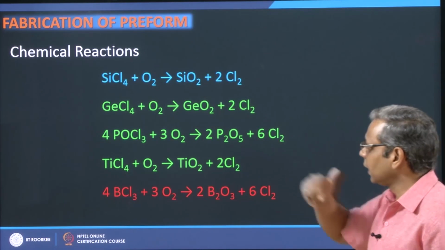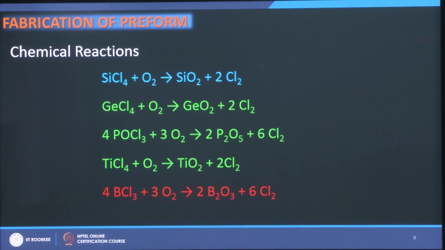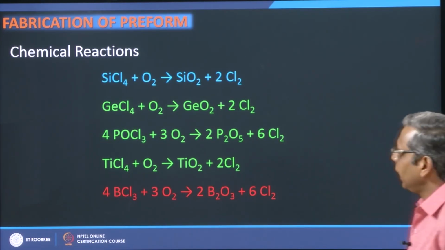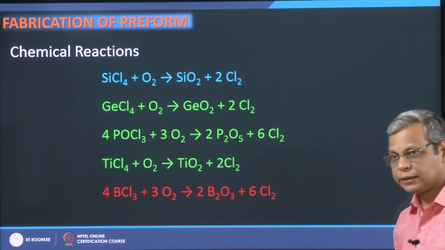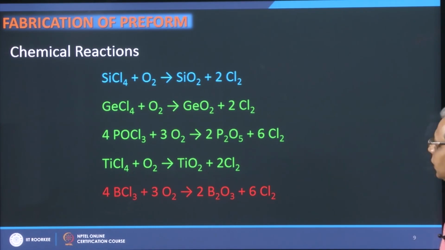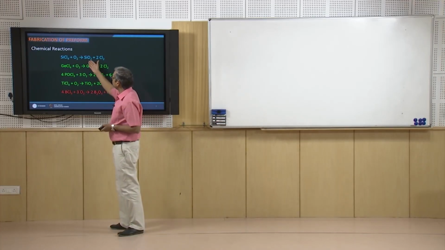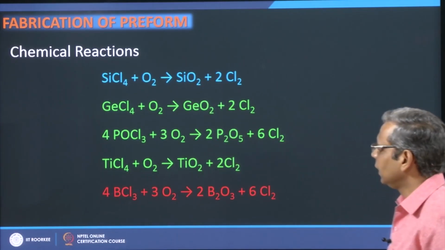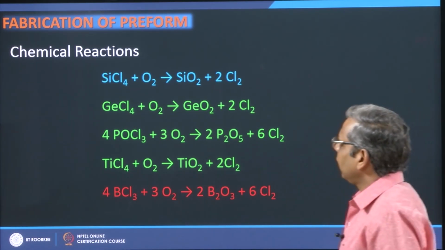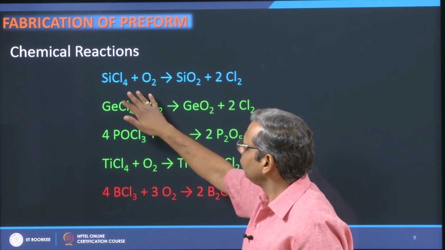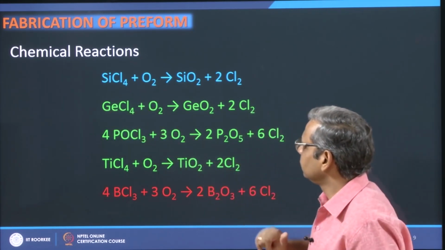So, you keep on depositing cladding layer by layer, and when you think that you are done with depositing enough cladding layers which are required to have certain thickness of cladding, then you start depositing core layers. For core layers you need to dope germanium.